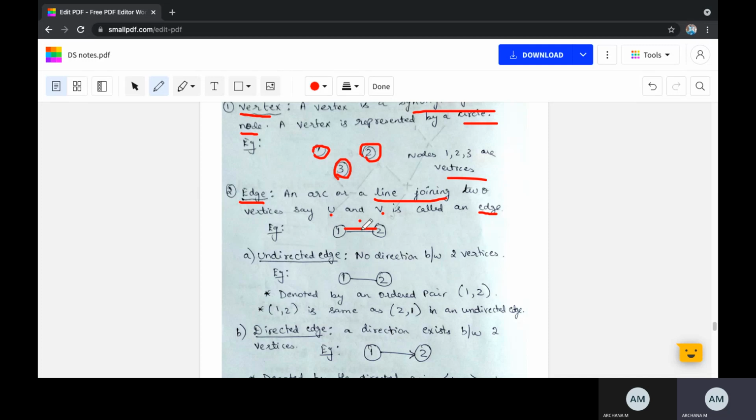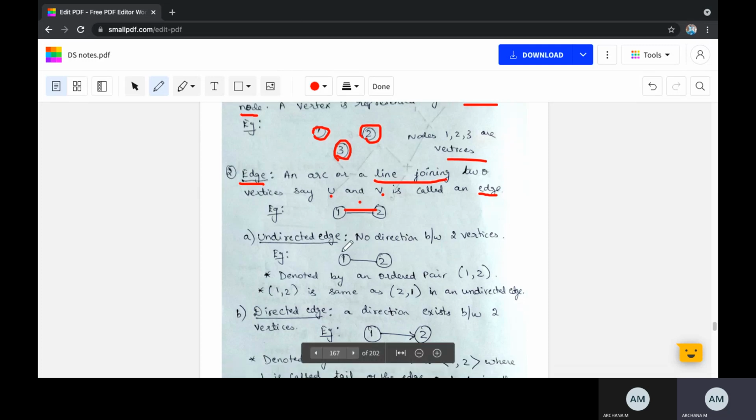So the circle you write is known as a vertex, and the line you draw between those two vertices is known as an edge of a graph. A graph can have n number of vertices and n number of edges. In edges, you have two different types: undirected edge and directed edge. What is an undirected edge?